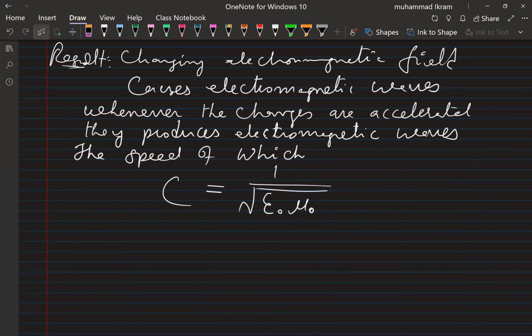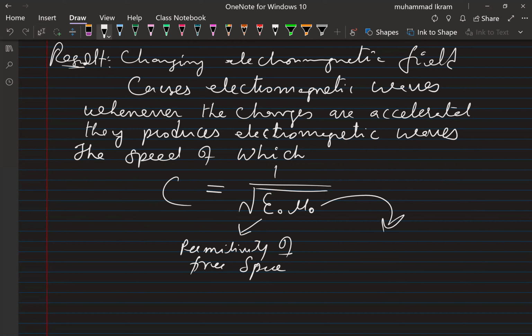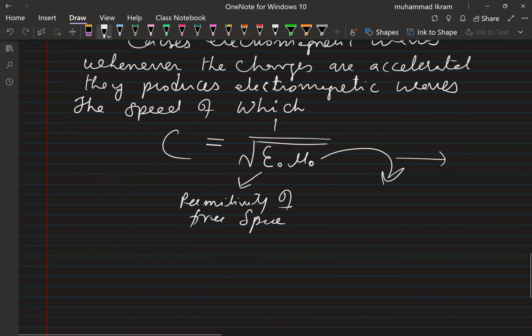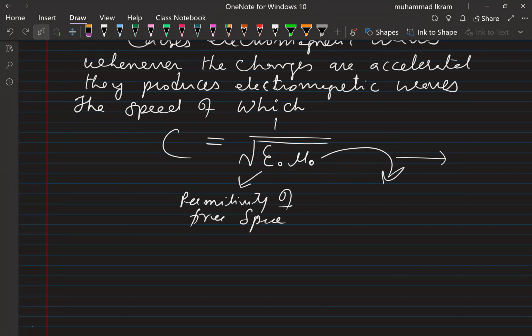Here, epsilon naught is the permittivity of free space, while mu naught is the permeability of free space. This comes from Ampere's law, if you remember, the constant in Ampere's law.